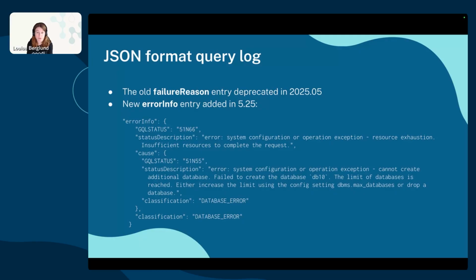Instead, since 5.25, so for a year now, roughly, we have a new error info entry. Since it's the JSON format query log, everything is maps. So you can see here that the error info is a structure where you can see the GQL-STATUS, the status description, classifications, and any causes. And if there were multiple causes, this would be printed out in the same kind of wrapped way. So you can get all the information in there as well.